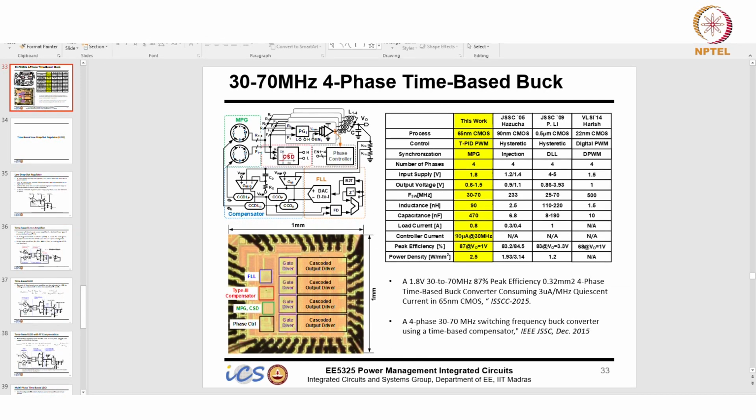This guy. Here, we are tapping one to four phases, and this whole VCO is running at, if it's 70 megahertz, 4 times that, 280 megahertz. That's what this VCO is running at.